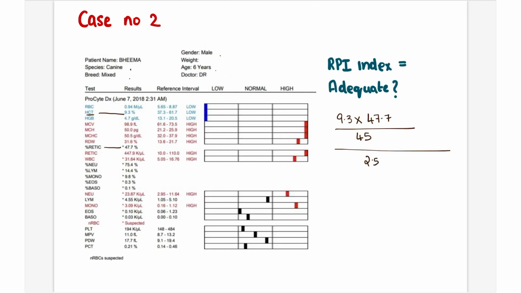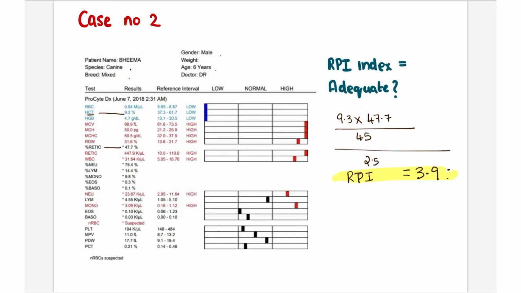So 9.3 multiplied by 47.7 and everything divided by 45, and the whole product divided by 2.5 is 3.9. Are you all with me? So the RPI for this patient is 3.9.